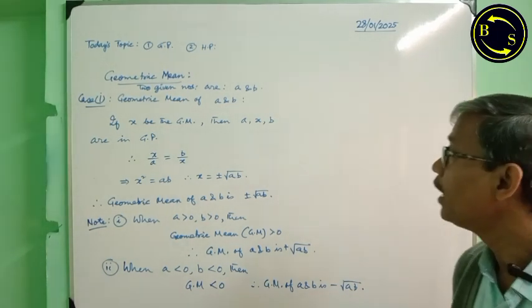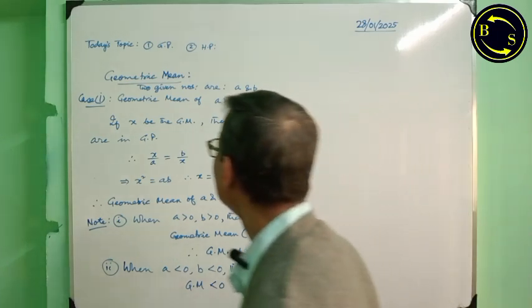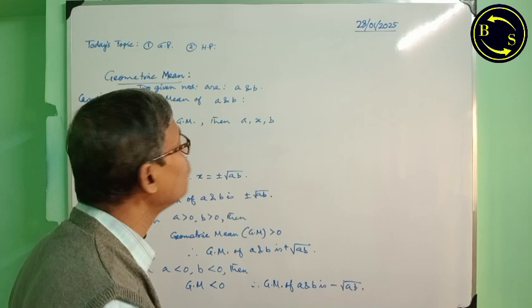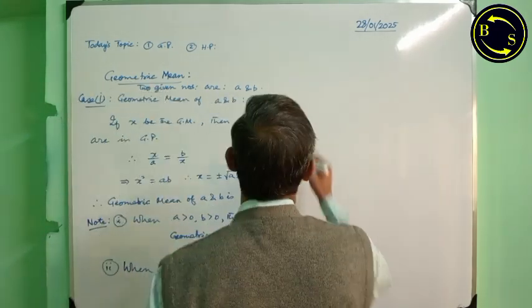Next, we are going to find geometric means. That means there will be two or more means in between A and B. Case 2.